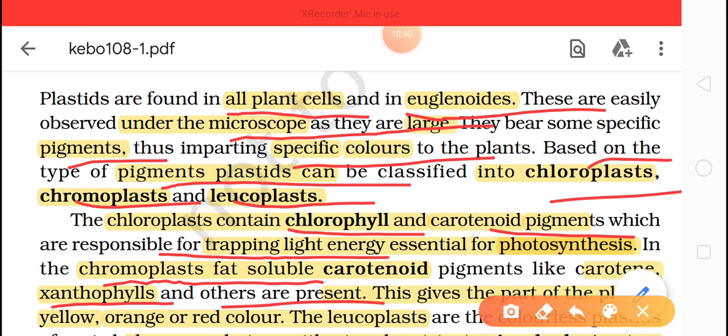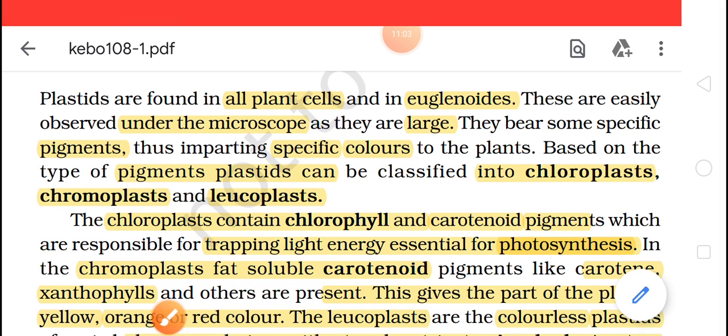These pigments are responsible for giving the various colors like yellow, orange, red to the plants. So orange, yellow and red are due to the presence of carotene and xanthophyll in the plants, and these come under the category of chromoplast.